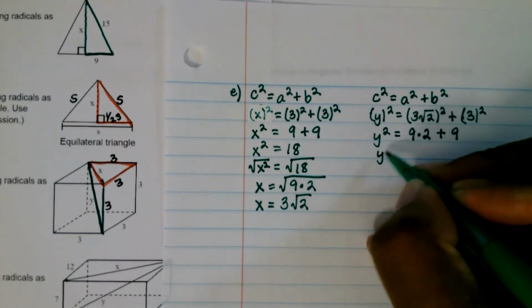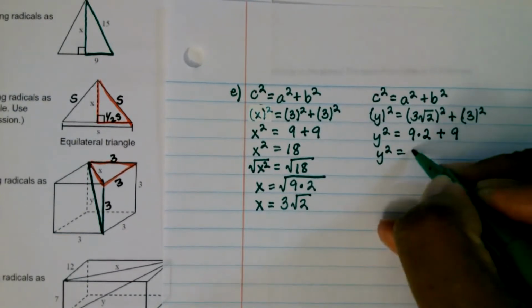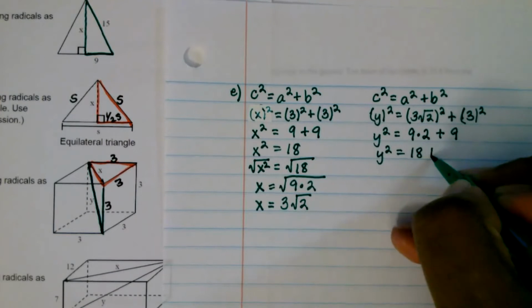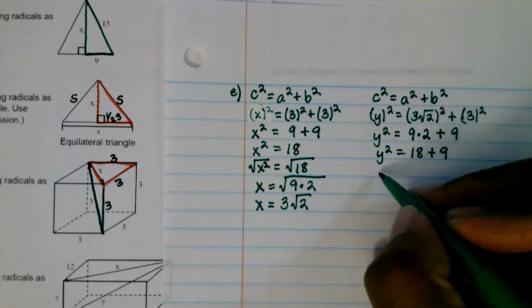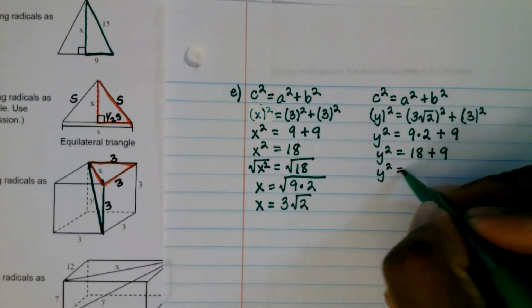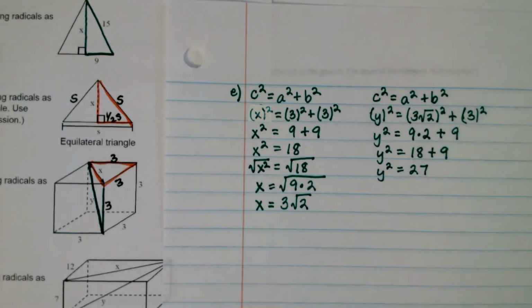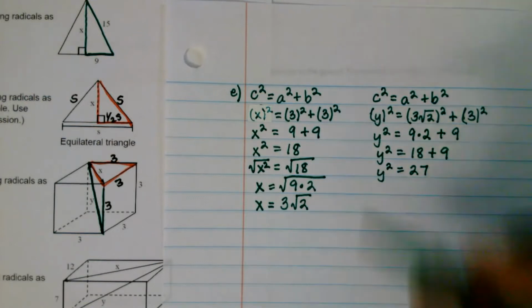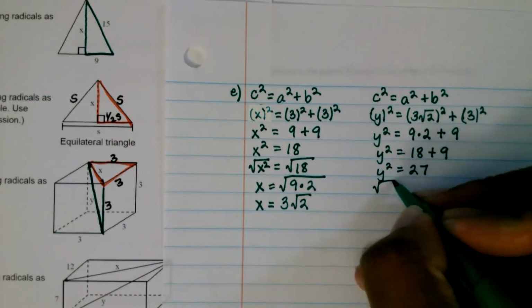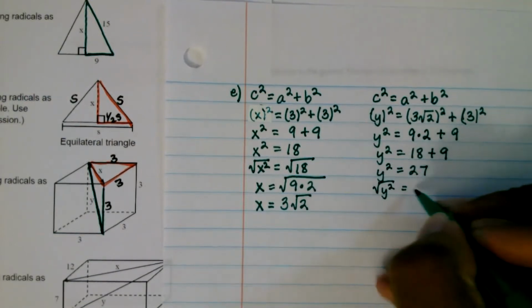Now let's multiply 9 times 2, which is 18, plus 9. And then add 18 plus 9, that will give us 27. So here I have y squared is equal to 27. And now to solve for y, we just take the square root on both sides.